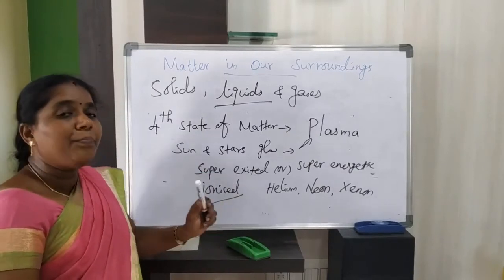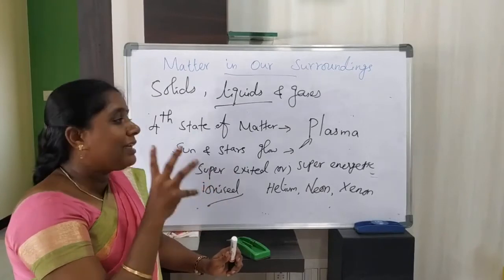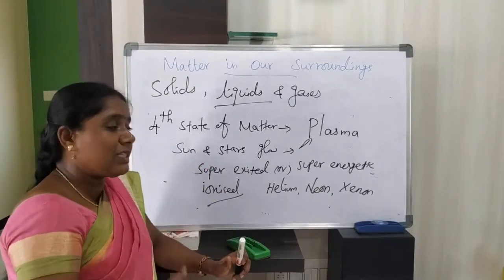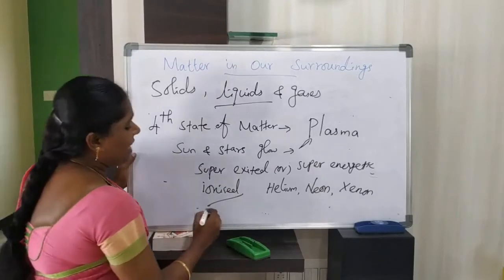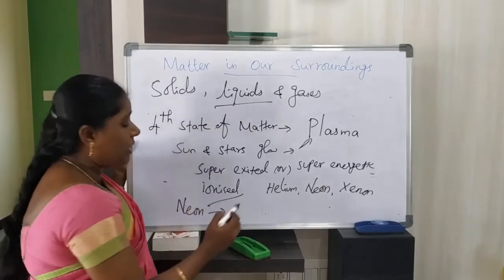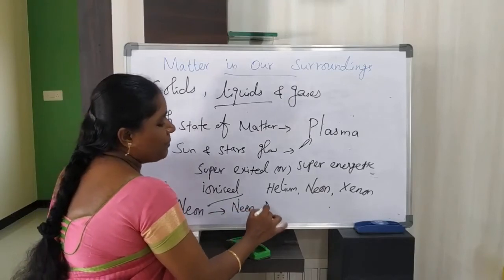Generally, neon sign bulbs and fluorescent bulbs have plasma present in them. How are we telling this? Generally a neon sign bulb consists of neon gas. What's the symbol of neon?